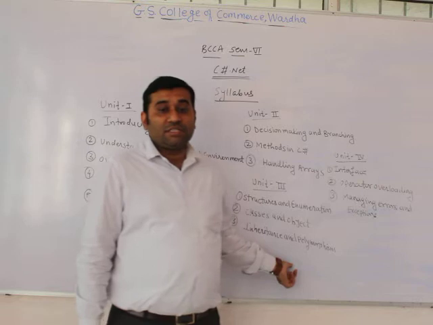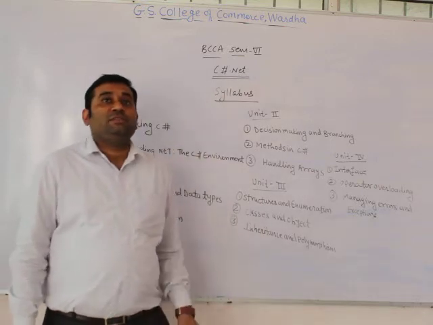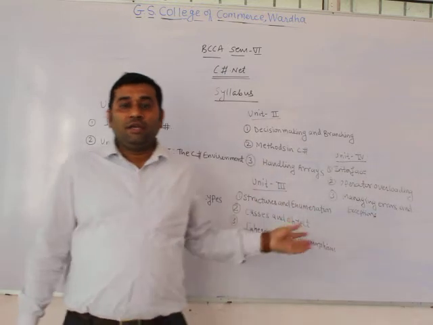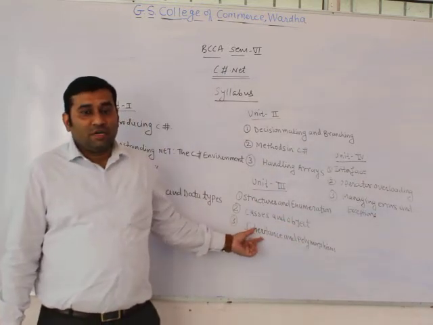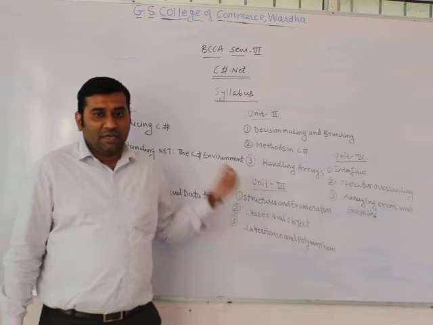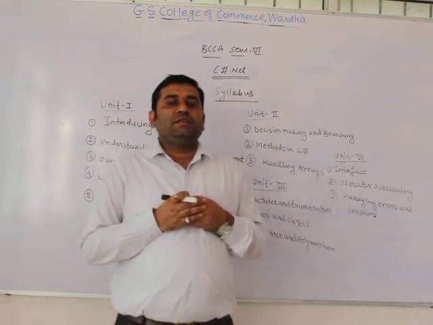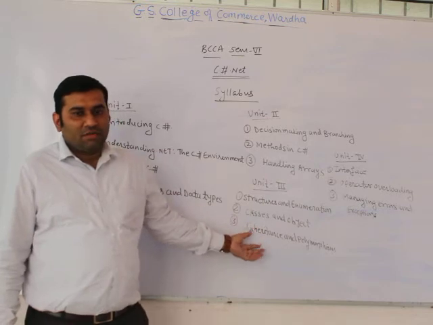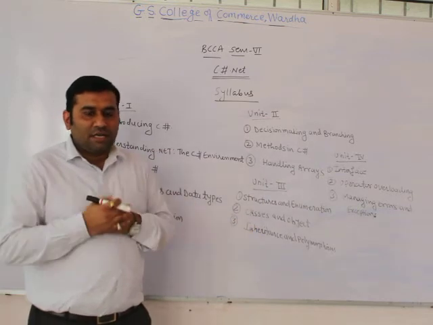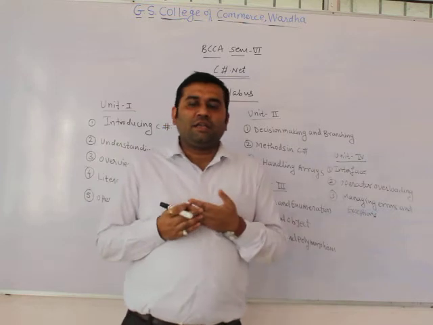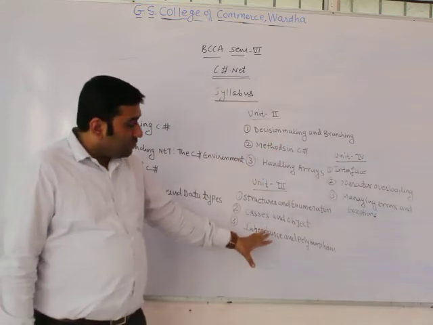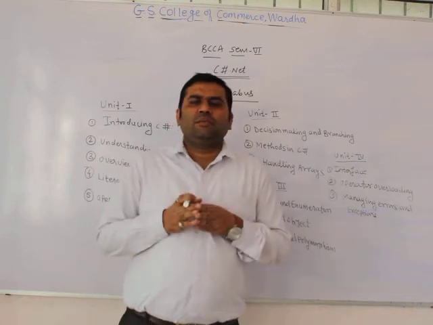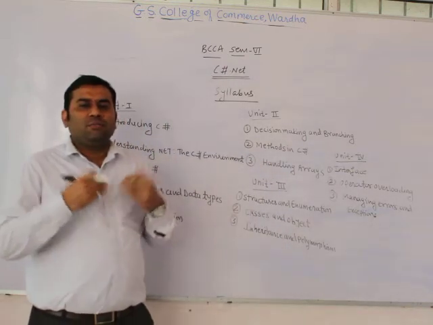Then inheritance, which you learn in various subjects like C++ and Java. Firstly, what is inheritance, its types, classical inheritance, defining a subclass, visibility control, subclass constructor, multilevel inheritance, hierarchical inheritance, then overriding methods, abstract method, sealed method, preventing inheritance, polymorphism.